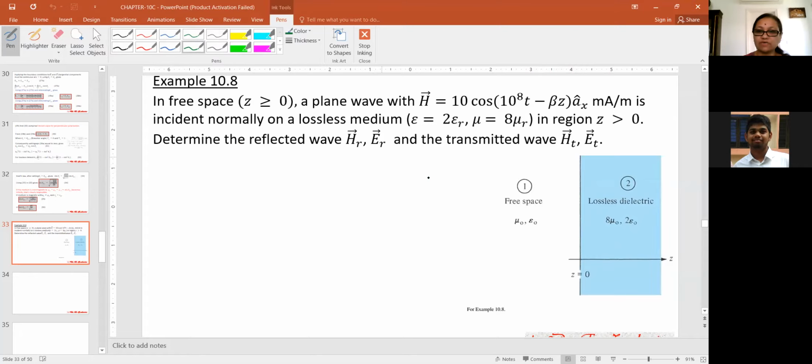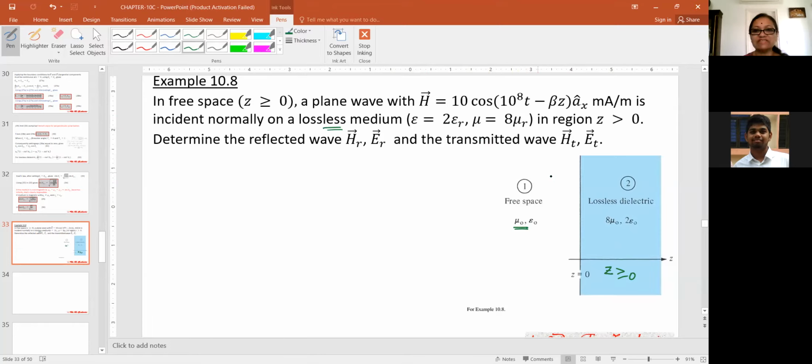You have free space, indicated by mu naught and epsilon naught, that is medium 1. And at z greater than or equal to 0, you have your medium 2, a lossless medium whose constitutive parameters are given as epsilon equals 2 epsilon naught and mu equals 8 mu naught.